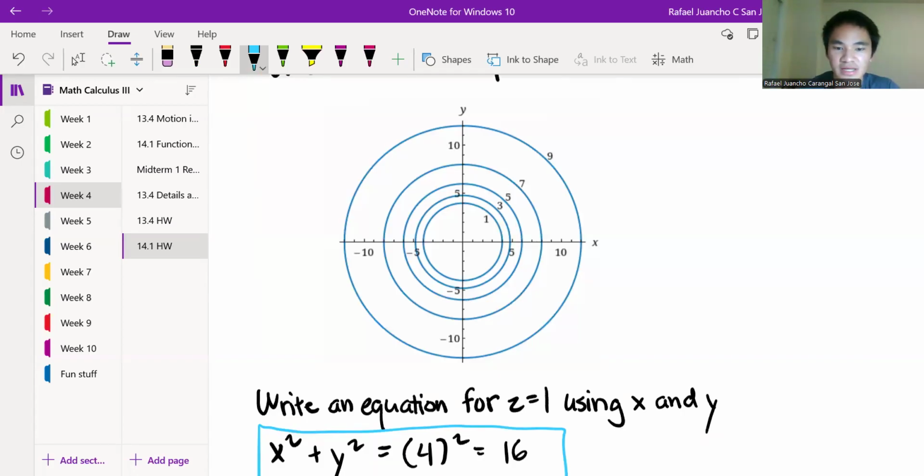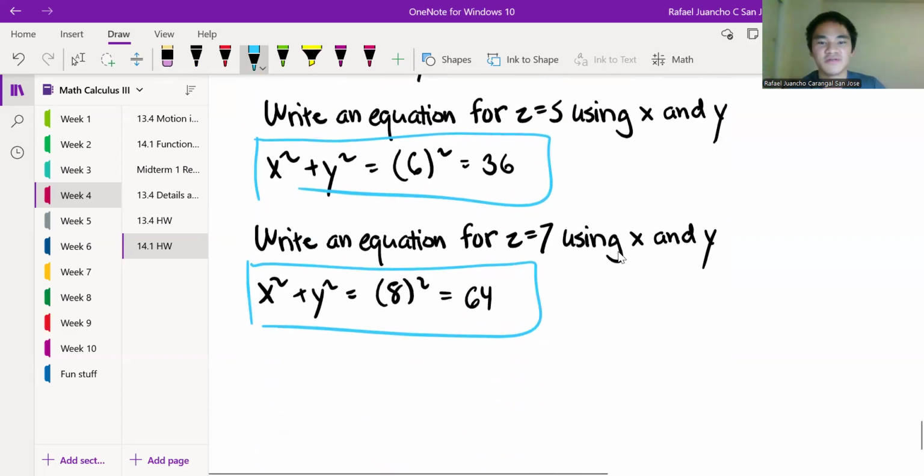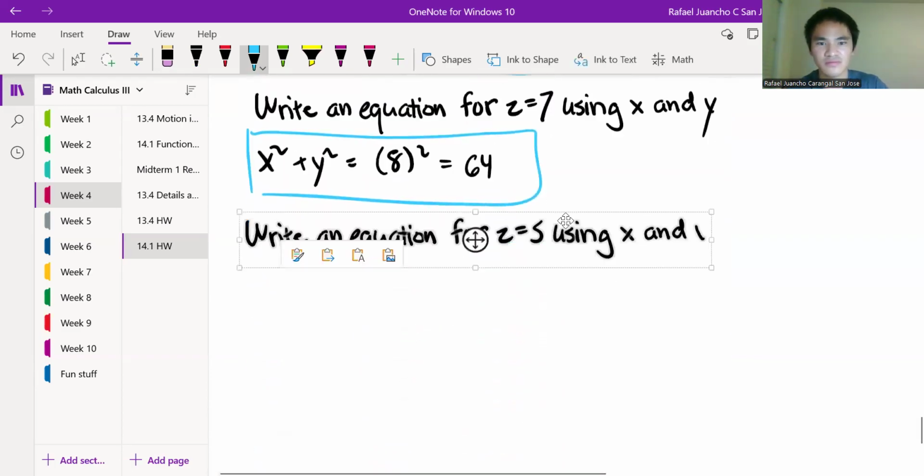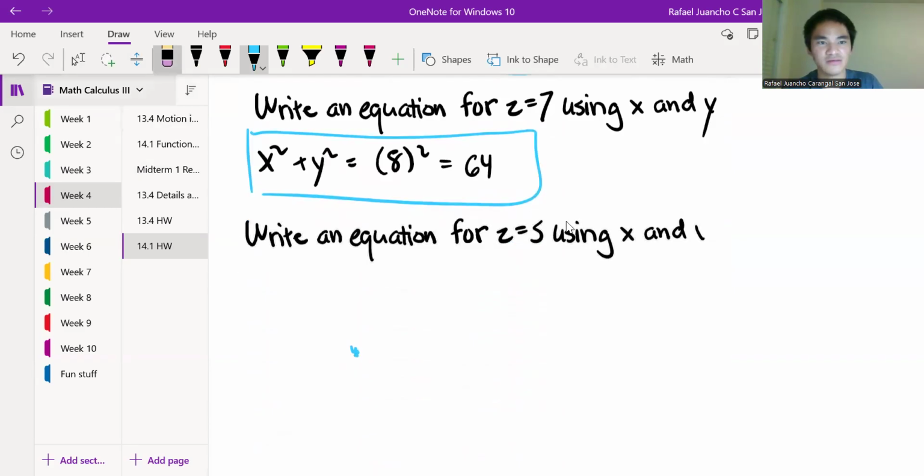And lastly, let me guess, 9. So when it's 9, it's just what? 10, 11, 12. So I have a radius of 12. So lastly, when it's 9, and the eraser is not working again. I can't write anymore. Okay, how do I get this to write again?